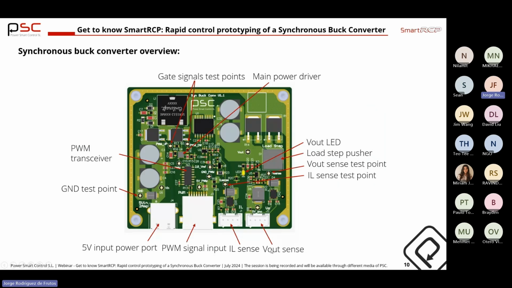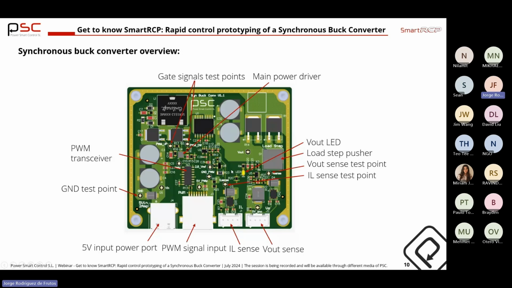Here is the PWM transceiver, here is the driver, and there are several test points all over the board. For example, for the PWM, the real ones connected to the power transistor, we have a test point of the output voltage and another one for the current at the inductor, and also several test points for ground, etc.